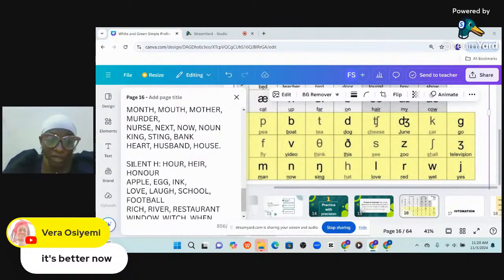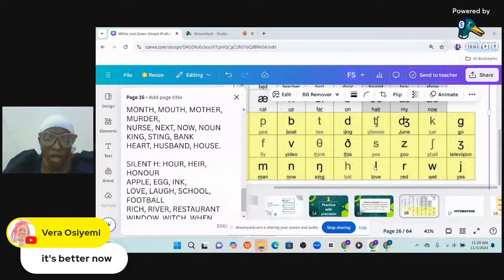Now let's go to words with silent H. The H must not be added. Also, words that start with vowels, the H must not be added. Apple, egg, ink.